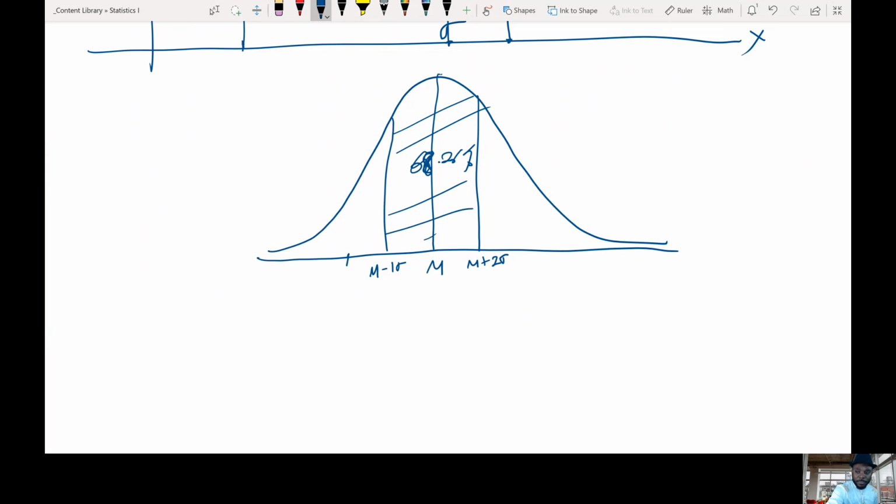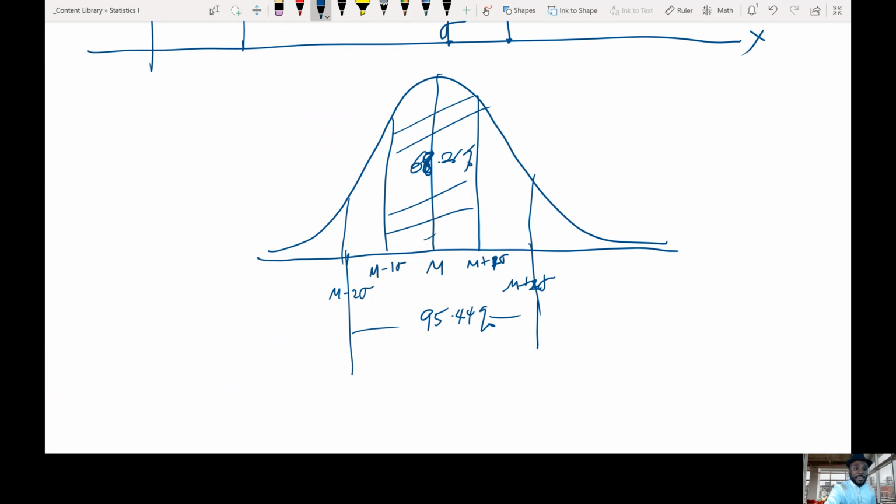Now, what about 2 standard deviations from the mean, which is mu minus 2 sigma to mu plus 2 sigma? How much of the data lies within that? That's about 95.44%. I'm going to show you how to derive that in Minitab as well. This is going to be 1 and this is 2.